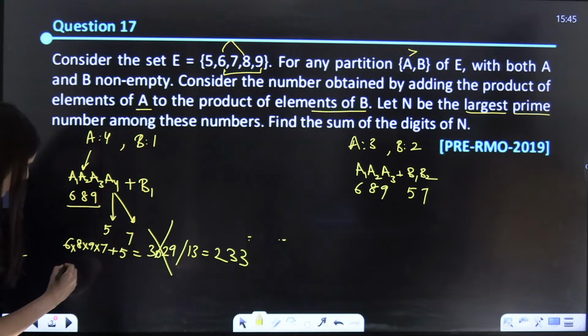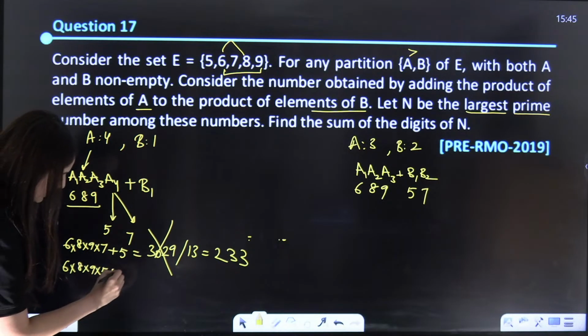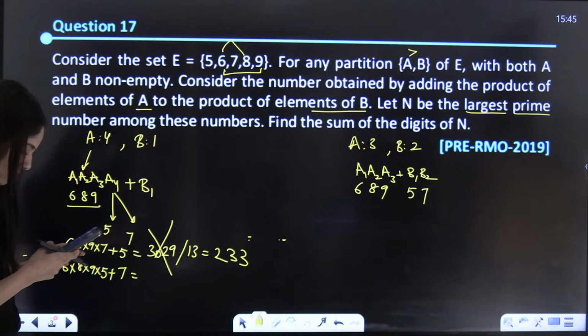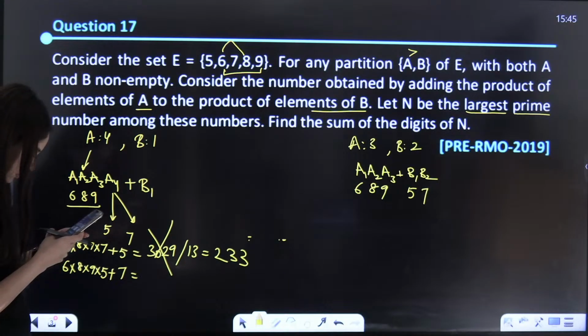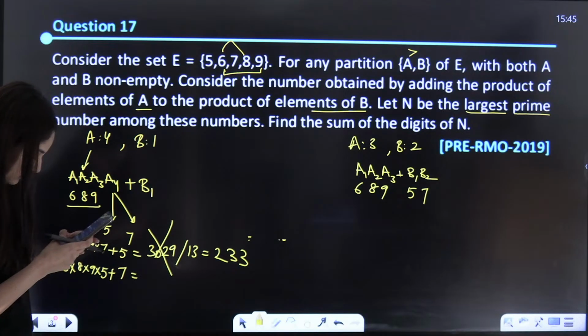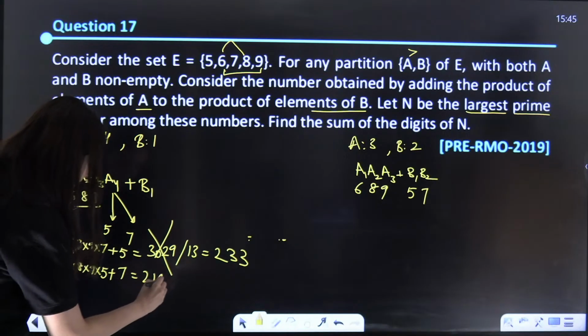We move on to the next one, 6 into 8 into 9 into 5 plus 7, and this is 2167.